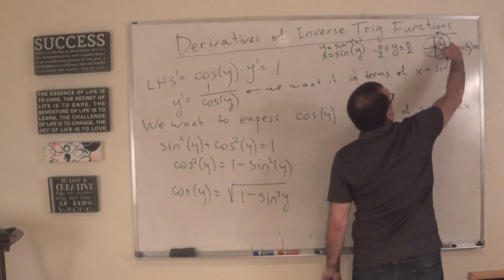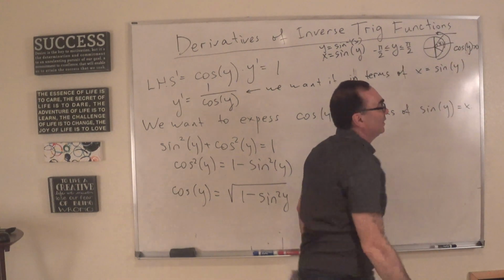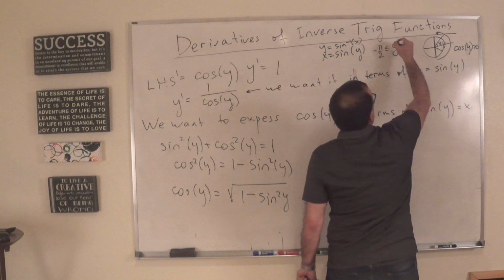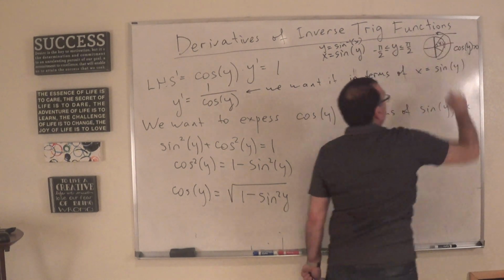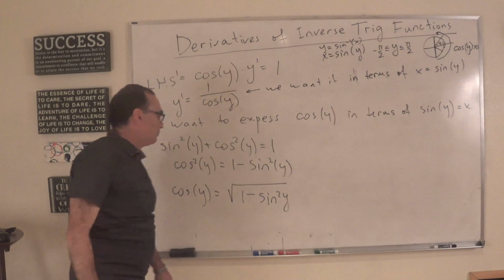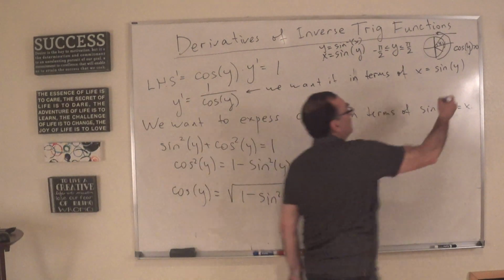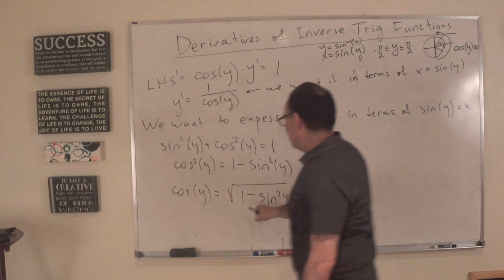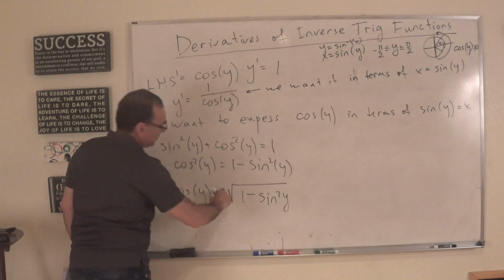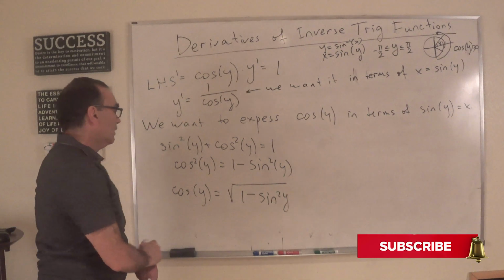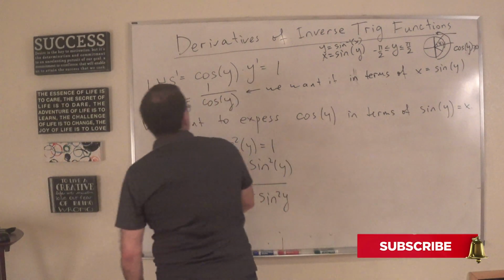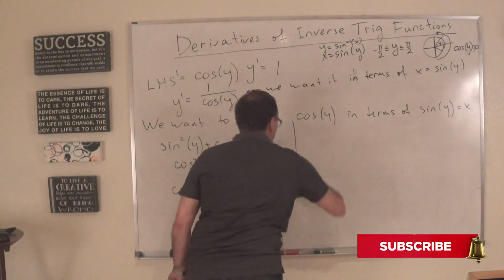On the left-hand side cosine will be negative. But since our angle is located on the right-hand side of the circle, cosine will always be positive. Therefore, when we solve for cosine, it will not be a positive or negative square root, it will always be the positive square root.